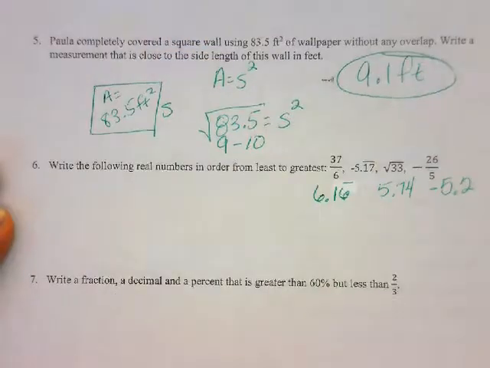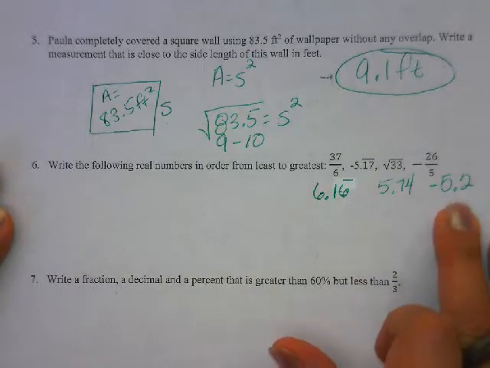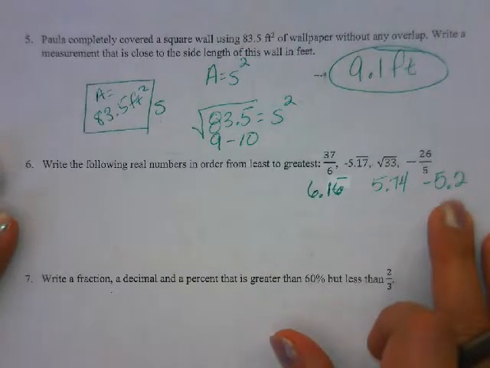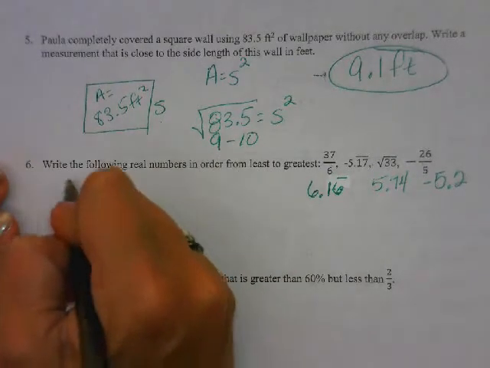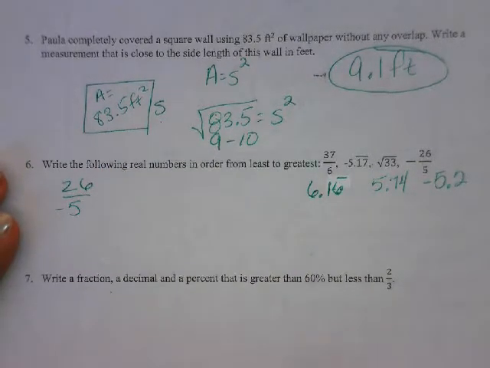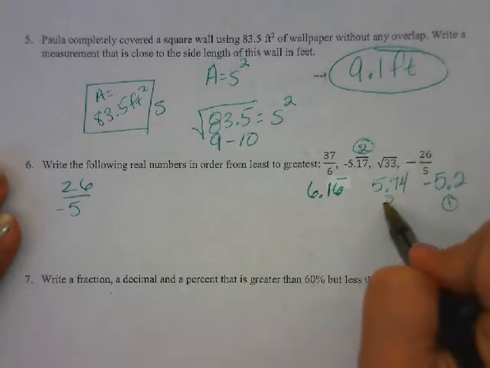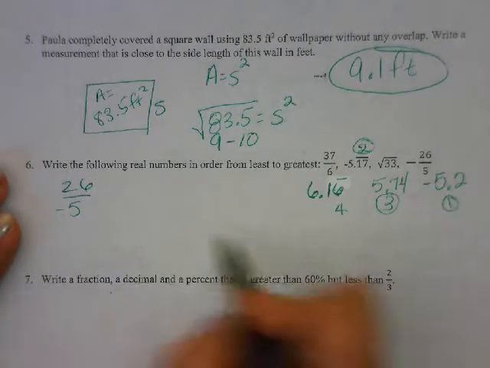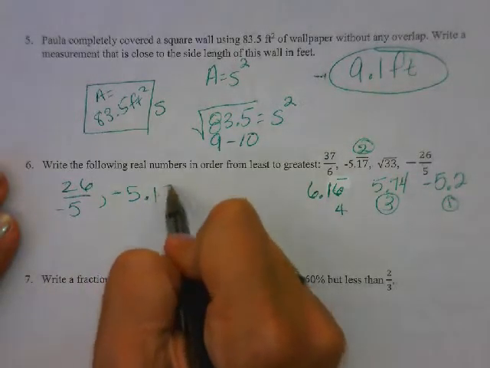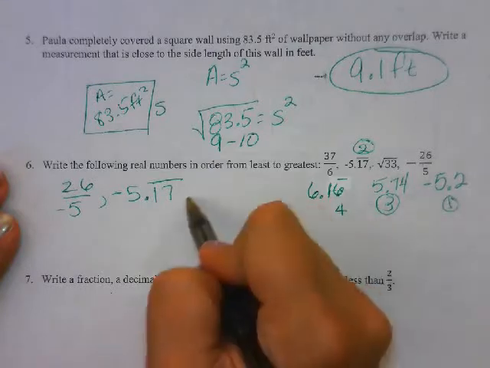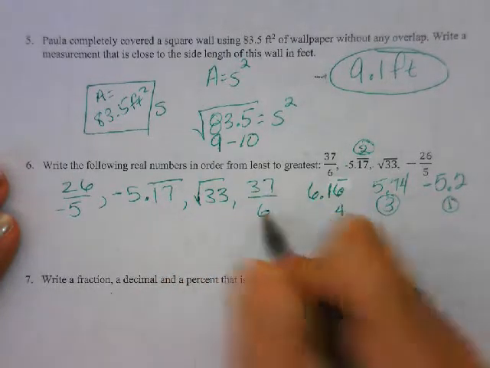So it says from least to greatest, these are both negative, so you need to think of it as money, but backwards. So negative 5.2, I'm going to write negative 26/5, is the lowest. And then I have this one, and this one. So when I list them, I can make sure I write them in the appropriate order. Square root of 33, and then 37 over 6.